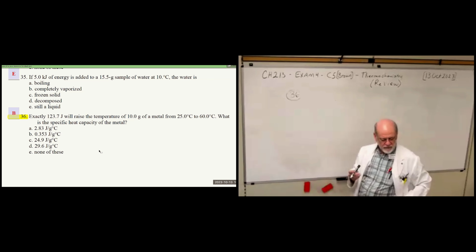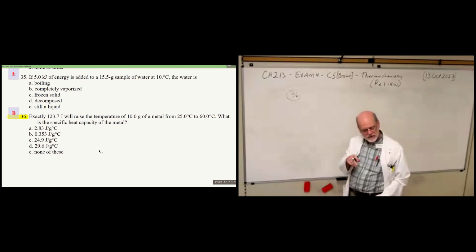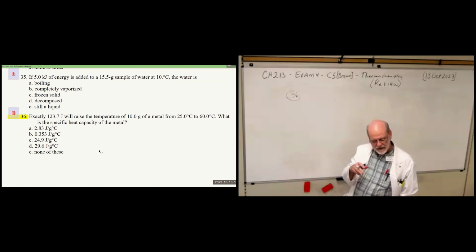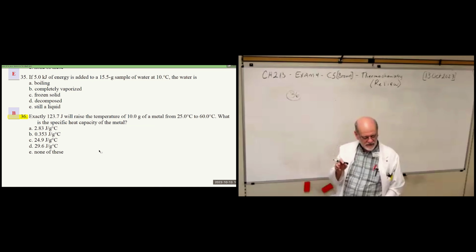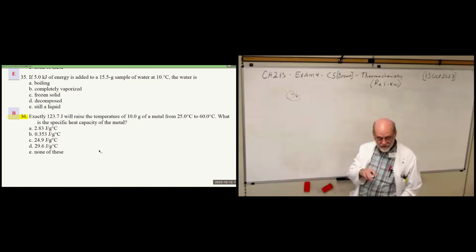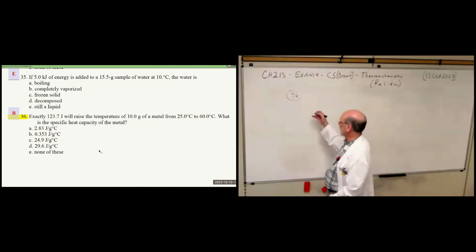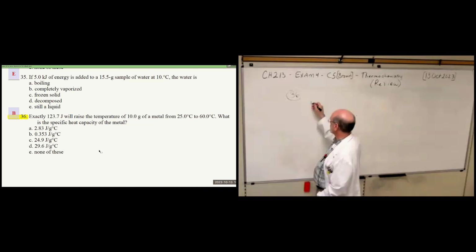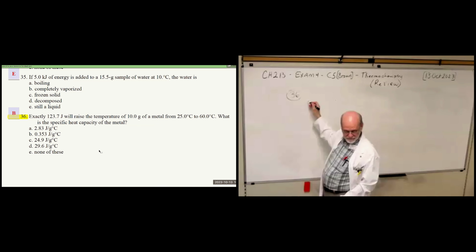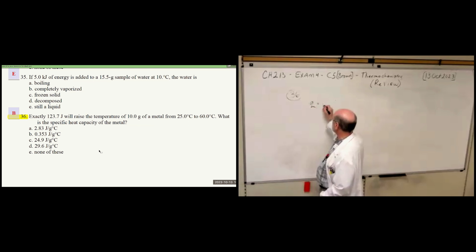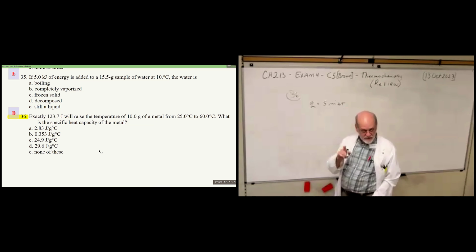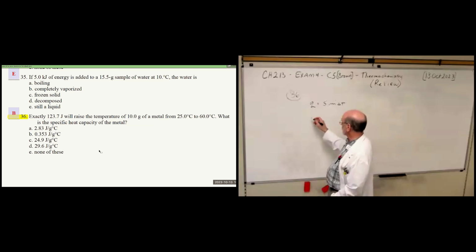123.7 joules will raise the temperature of 10 grams of a metal from 25 to 60 degrees. What's the specific heat capacity of the metal? This one is easy. Q is equal to S m delta T. So Q in this case is 123.7 joules.